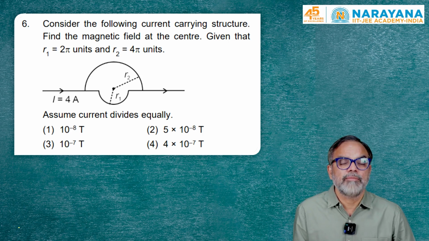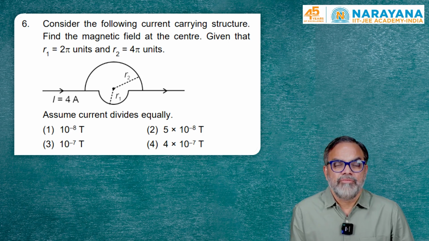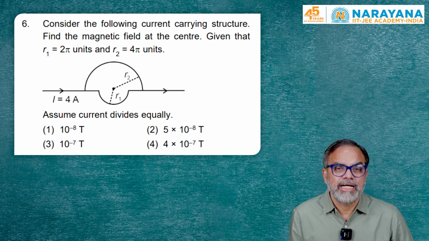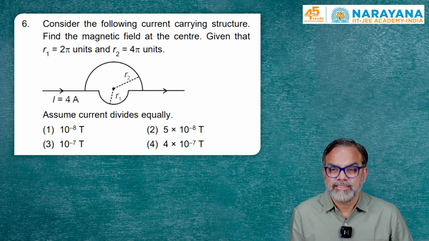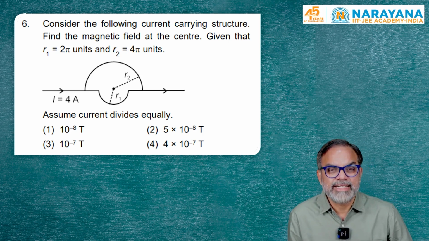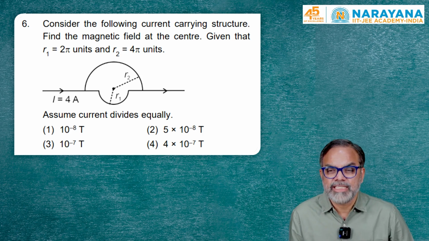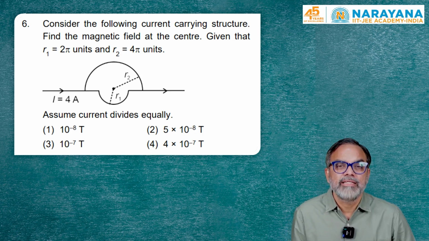Moving ahead and talking about this question number 6, we have a current configuration and it contains two straight parts and two semicircular parts having different radii. Radii are given, we have to find out the magnetic field at the center.